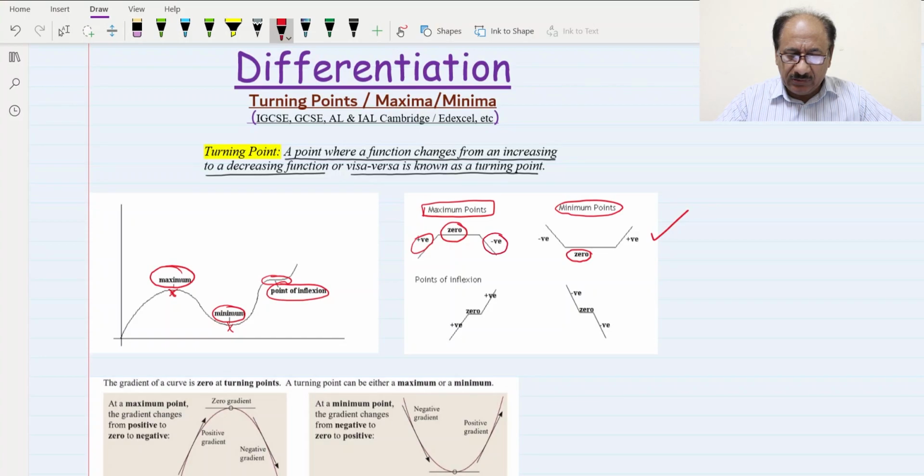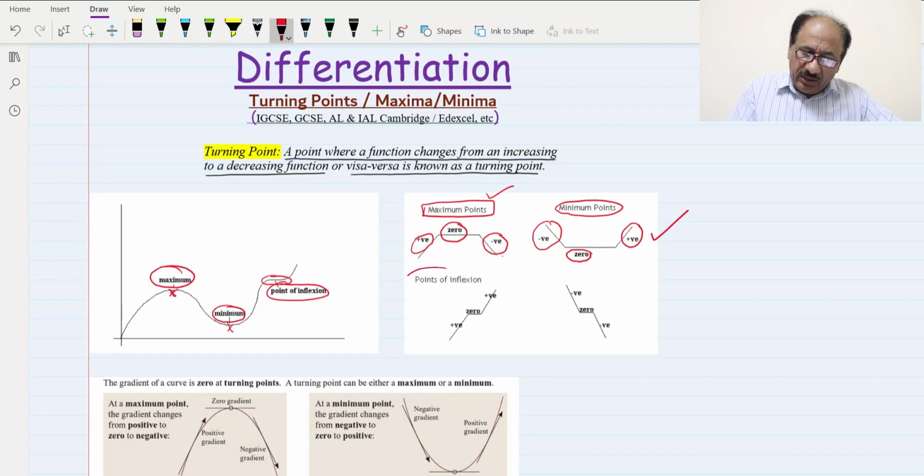In the case of a maximum point, the gradient is moving from positive to zero and then negative, whereas in a minimum point, the gradient is switching from negative to zero and then positive. So this is the maximum and minimum point.